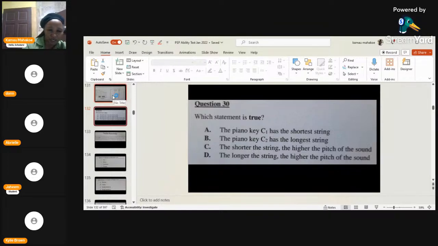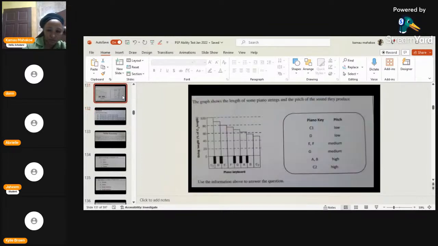Abriel, what are you saying? No, miss. All right, the answer is C. So read what C says. The shorter the string, the higher the pitch of the sound. All right. So let's confirm. The short strings have a high pitch. Medium strings, medium pitch. Long strings, low pitch.